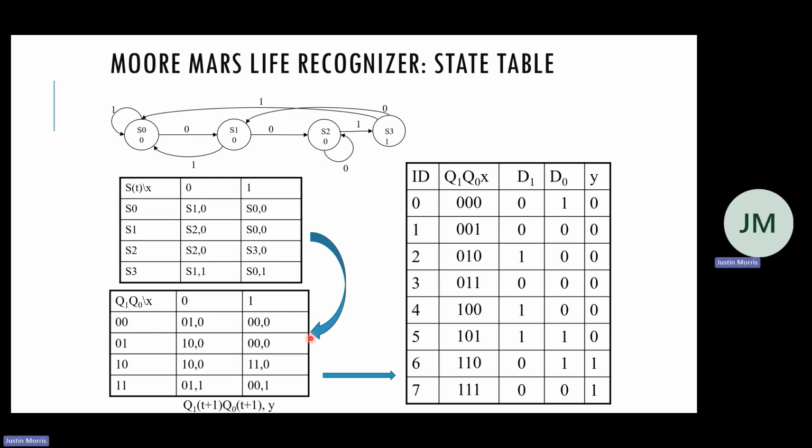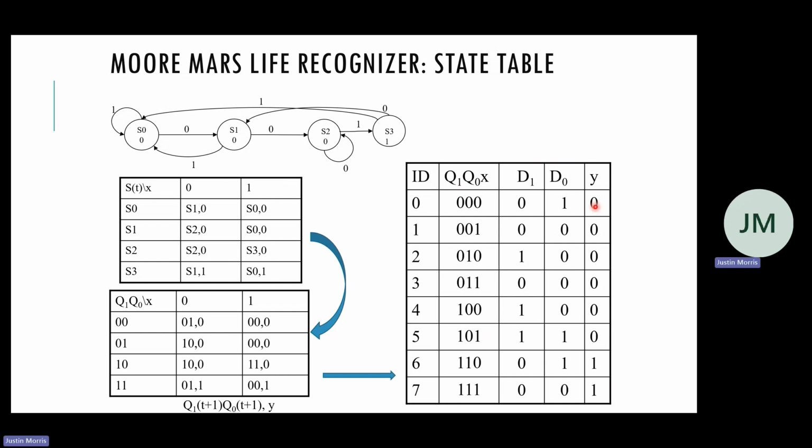Once we have this state table, we can create the excitation table for the Moore machine, right? We have 3 inputs, the current state and the input, and then we have the next state and the output.